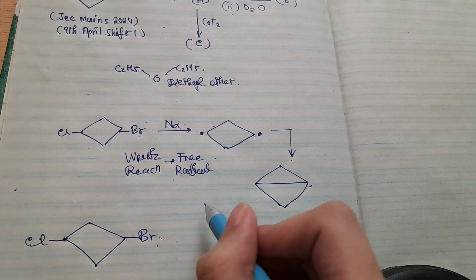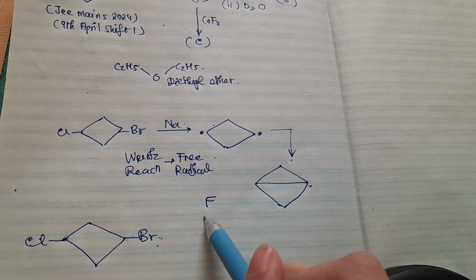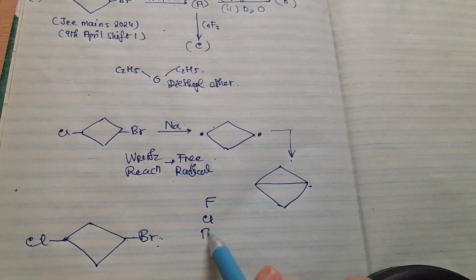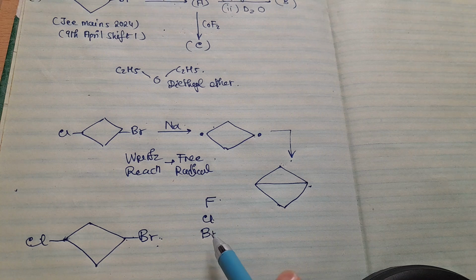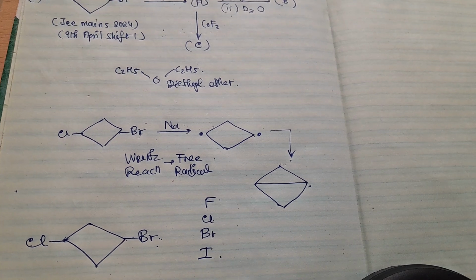So we know that in the periodic table, the halogen group goes fluorine, chlorine, bromine, then iodine, right?